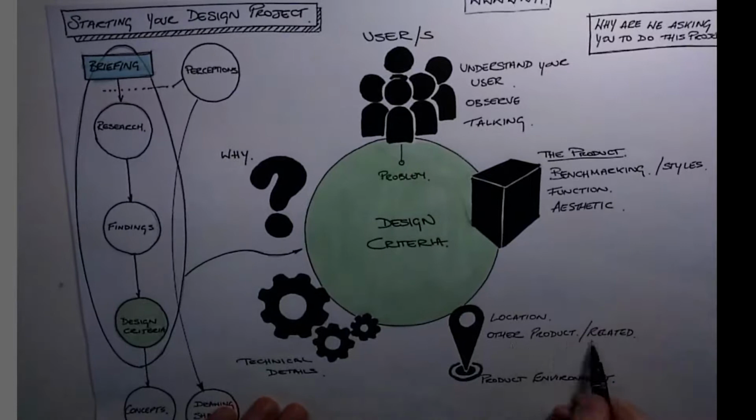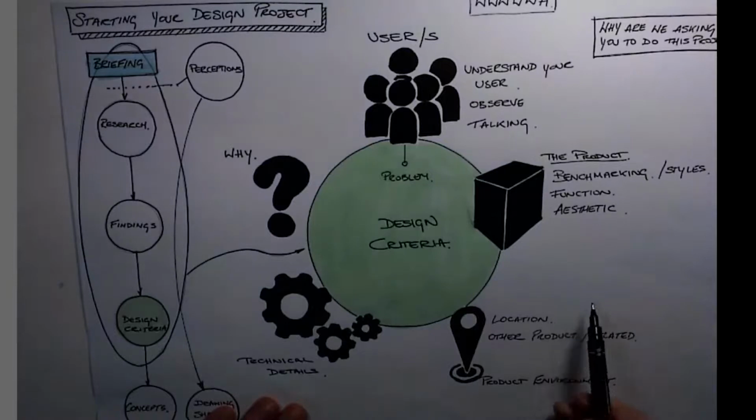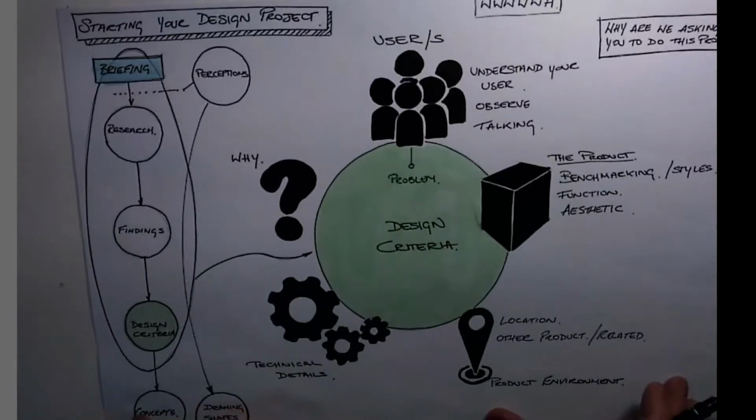Okay, so a good example of that is if it's a salt and pepper shaker that's on the table, well, then it's going to have to be interacted with from all the different sides of the table. Whereas if it's a salt and pepper shaker that is related to cooking, then it's going to be up by the oven or the hob, and it's going to have different uses and different functions.